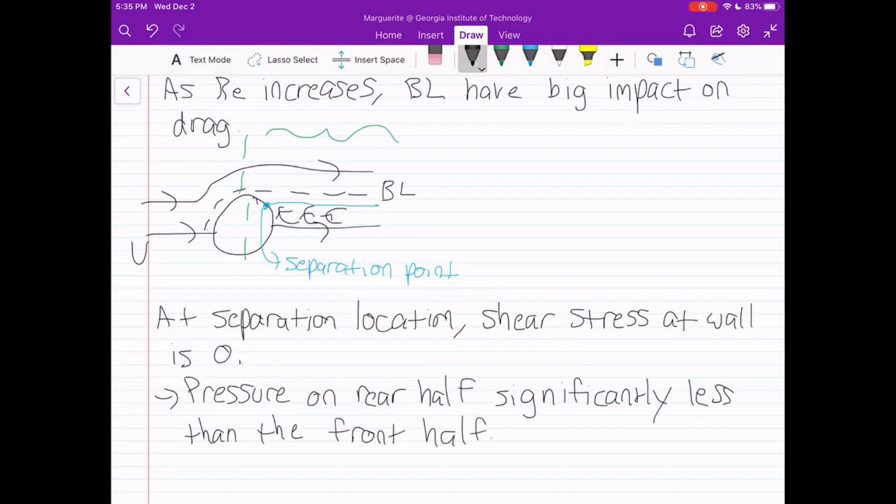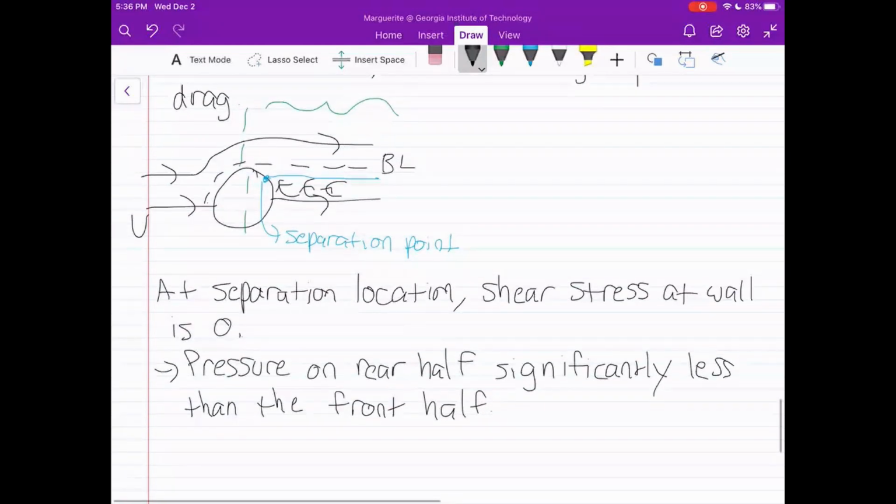If you remember back to Monday, we talked about D'Alembert's paradox, where we said this pressure distribution must be the same everywhere because it's in the same flow, so there shouldn't be drag. But then people measured it and there was drag. This is the reason why. The flow separates because of the high Reynolds number and the viscosity in the boundary layer. You end up having an unequal pressure distribution, which causes a net force, which causes your drag. That is what took them 200 years to figure out.